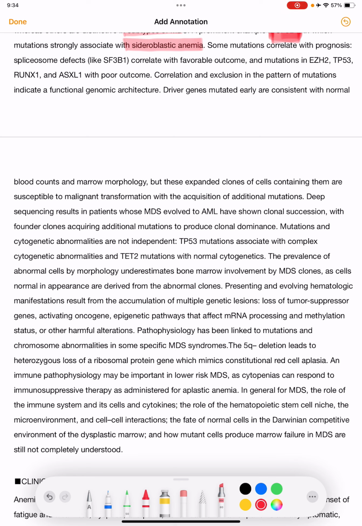Some mutations correlate with prognosis. Spliceosome defects like SF3B1 correlate with favorable outcome.